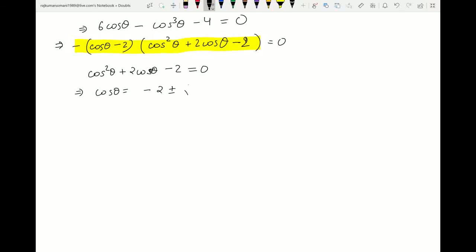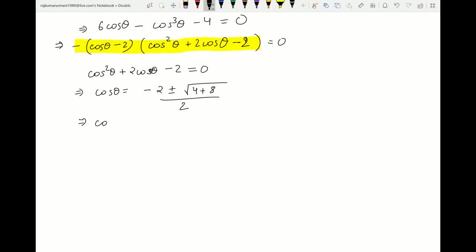plus or minus root over 4 plus 8, divided by 2. If we take the negative sign here, again it will go out of the range of cos theta, hence I have to consider only the positive sign.